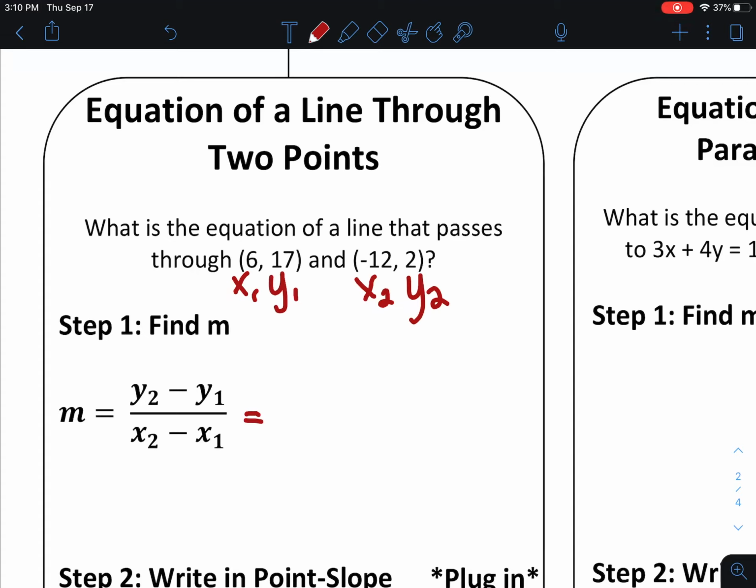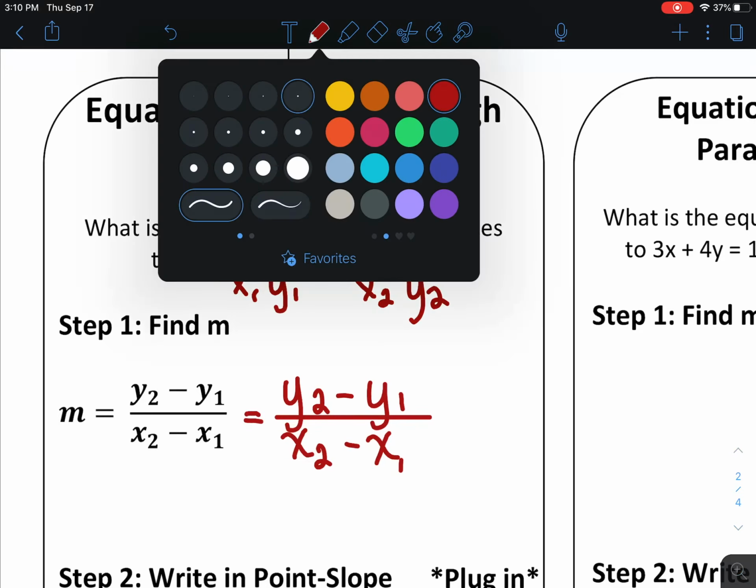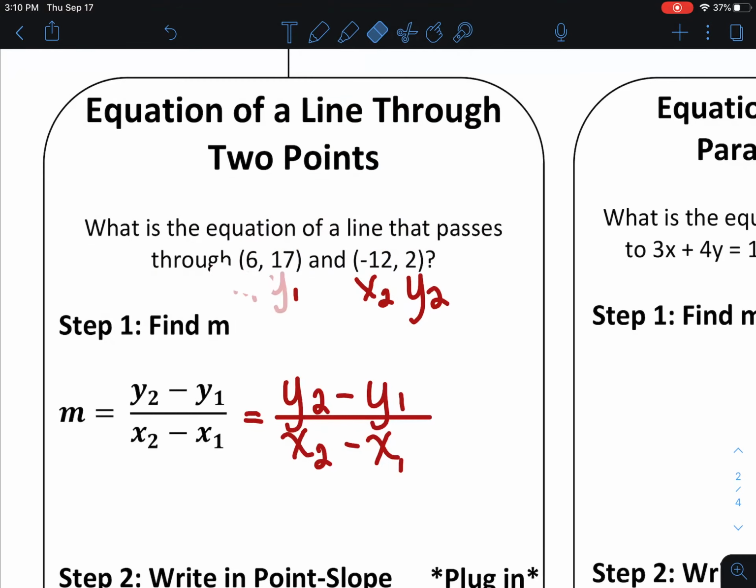So just like I told you guys in the other video and in class, we are going to replace and erase. So I'm going to start by rewriting the slope formula, y2 minus y1 over x2 minus x1, okay? And I'm actually going to use a different color so you can see the difference here.